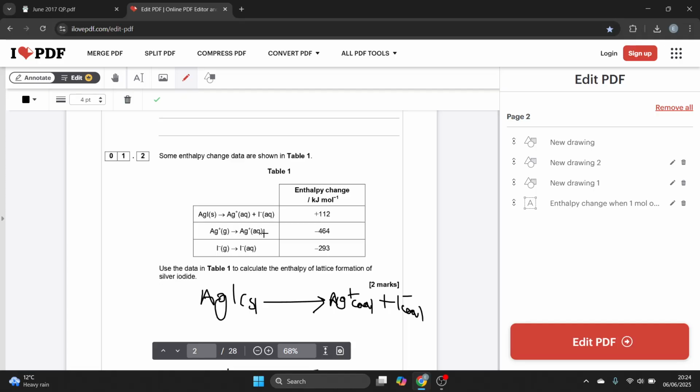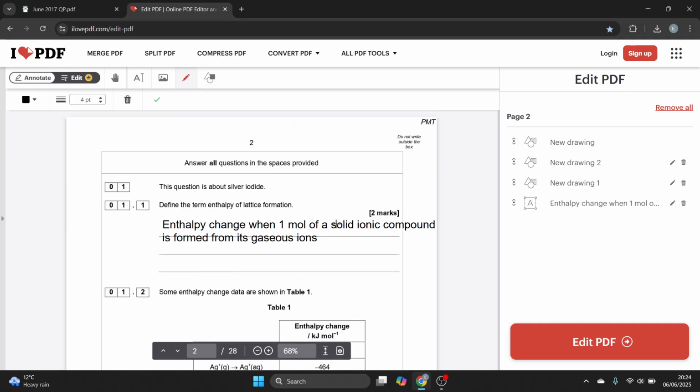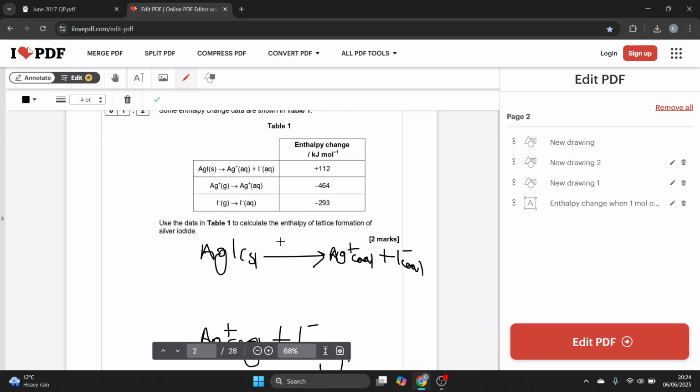Quick look at my textbook. The enthalpy change when 1 mole of a solid ionic compound is formed from its gaseous ions. Okay, now I want to find the lattice enthalpy of formation of silver iodide.